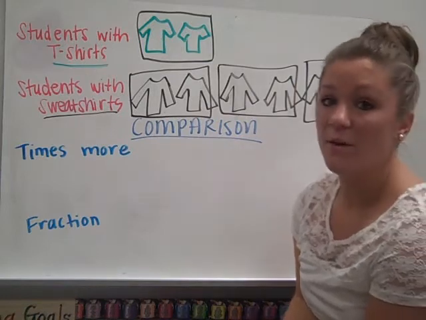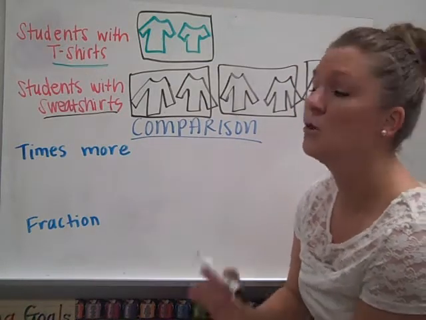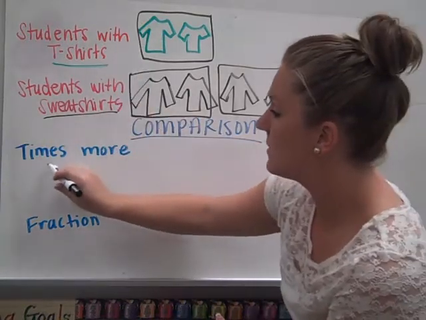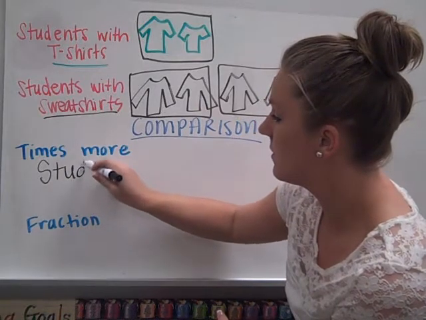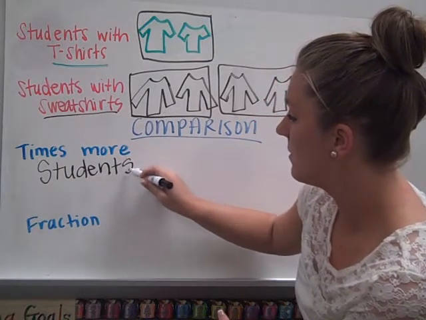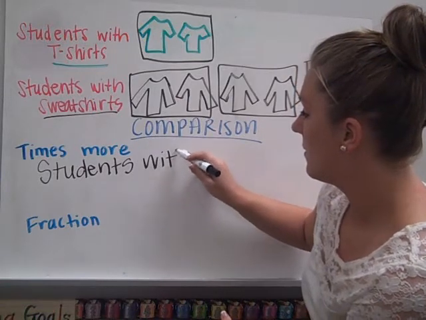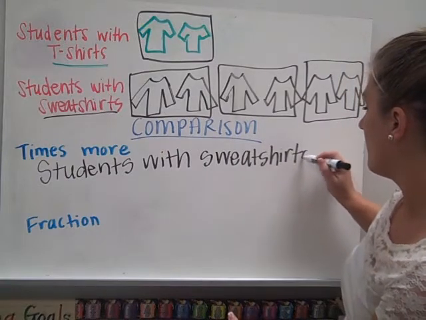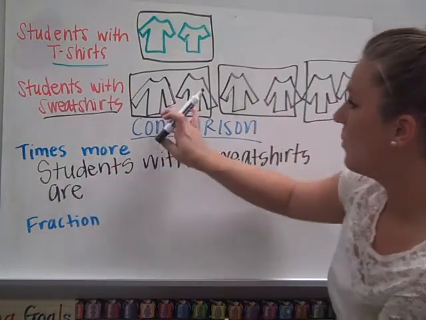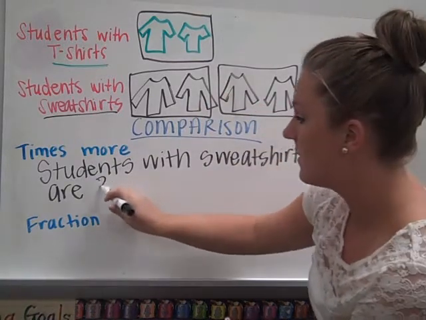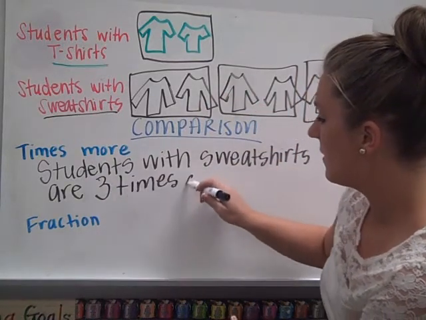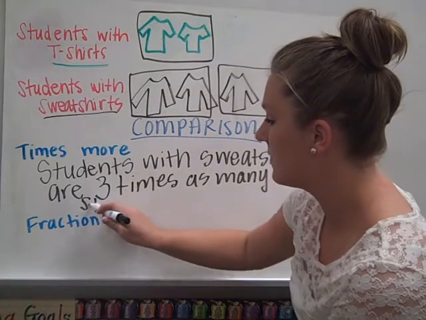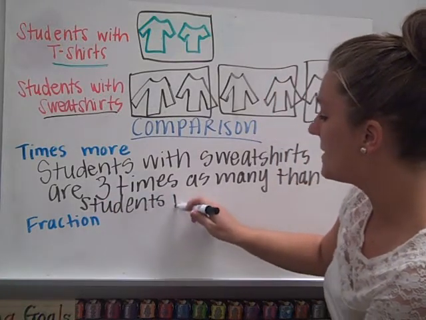So if I want to think about times more, well, who has more? Well, the students with sweatshirts do. So I could say the students with sweatshirts are 1, 2, 3 times as many than students with t-shirts.